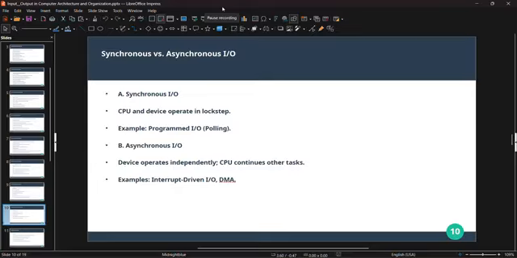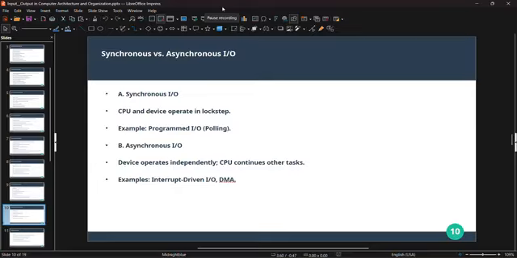An example is programmed I/O, the polling technique we discussed earlier. And asynchronous input output: the device operates independently, and then the CPU continues other tasks. So the difference here is that for synchronous, the CPU and device operate together, or in lockstep, right?